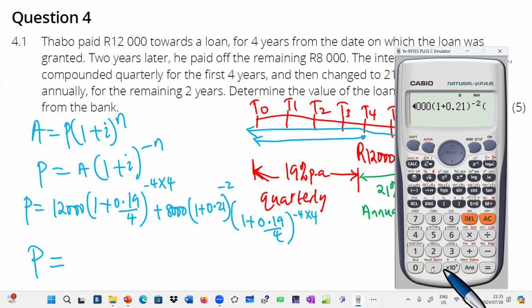You'll be like, okay, I know, 0.19 divided by 4, close bracket, all to the power, right, all to the power minus 16.